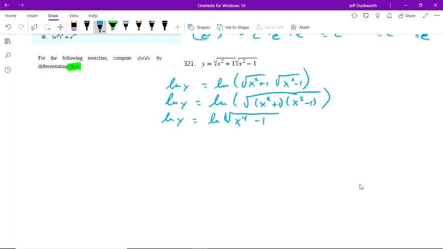Now ln of y is equal to ln of this x to the 4th power minus 1. Well, the square root is the same as taking something to the 1/2 power. So we'll do that. And then we can move the 1/2 in front using the natural log rules.